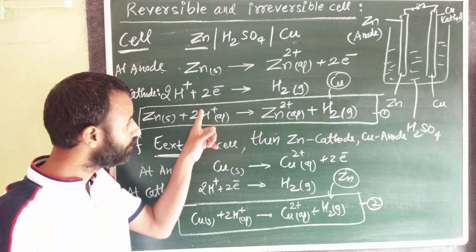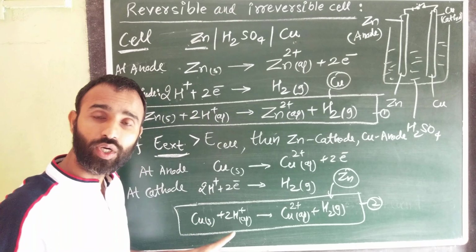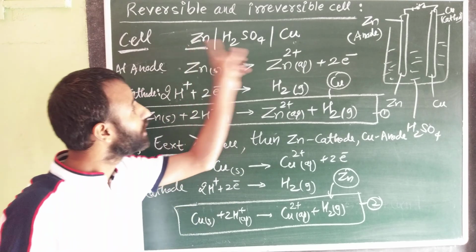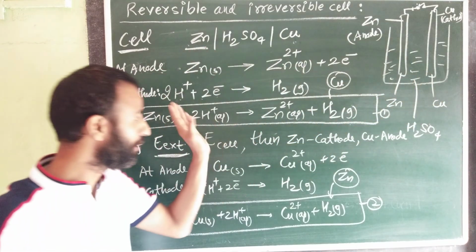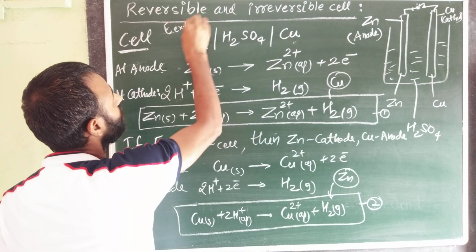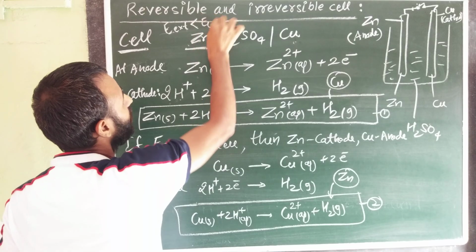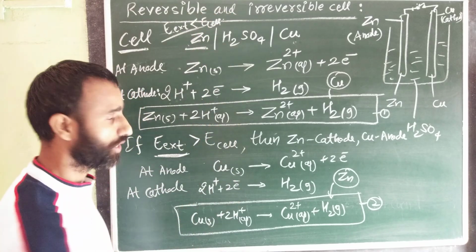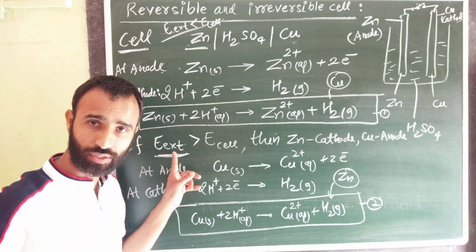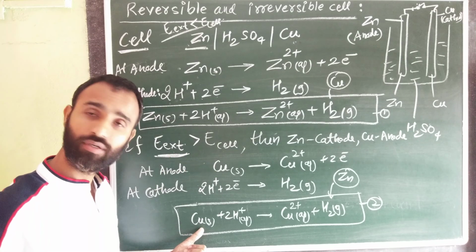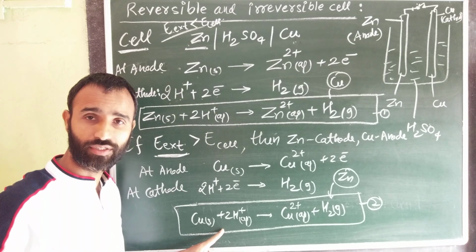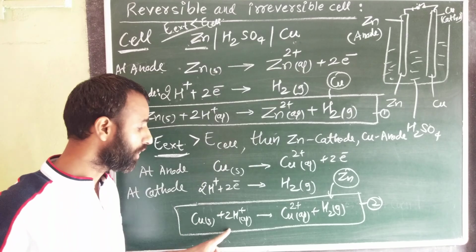But if we compare these two, the reaction is different. When external EMF is less than E cell, the reaction is this one. But when opposing EMF prevails, the reaction is different from the one taking place earlier. These are not actually reversible reactions.